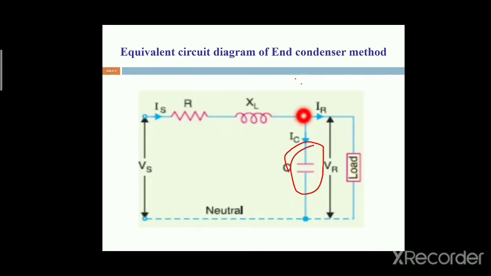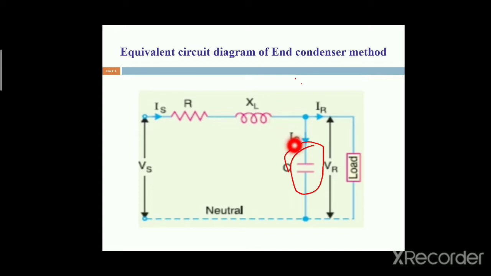Next, at the node point, we apply KCL at that junction point. What is meant by KCL? The entering currents will be equal to the leaving currents. What is the entering current? Is is the entering current.